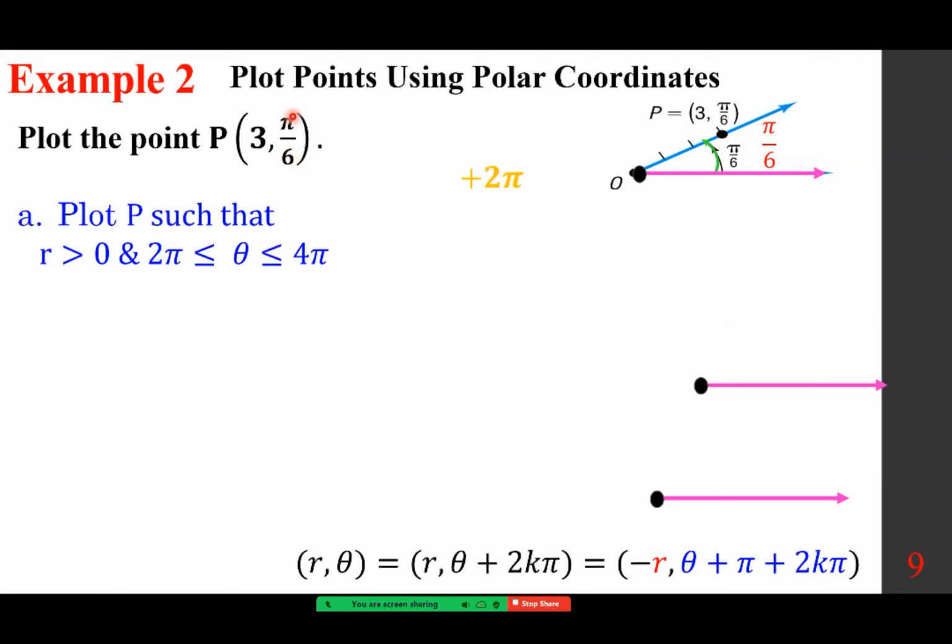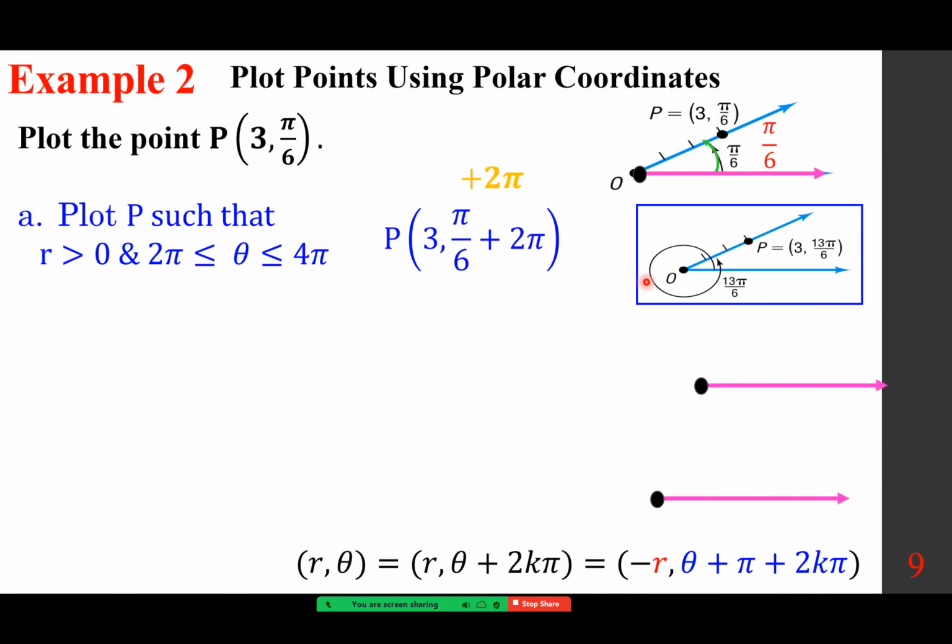If you add 2 pi to pi over 6, you get 13 pi over 6.